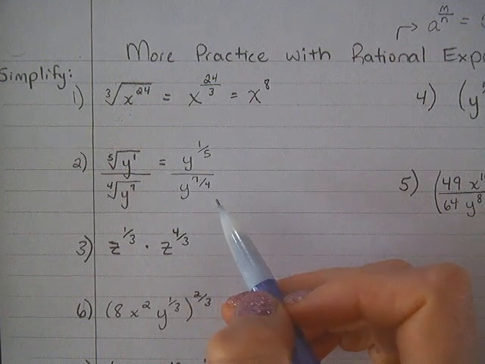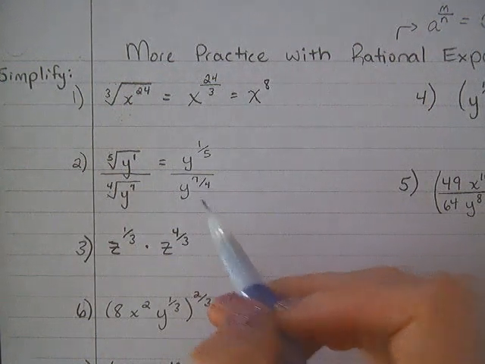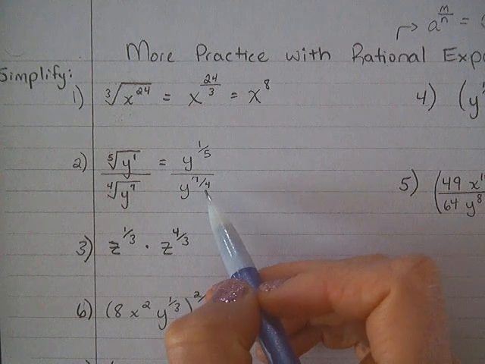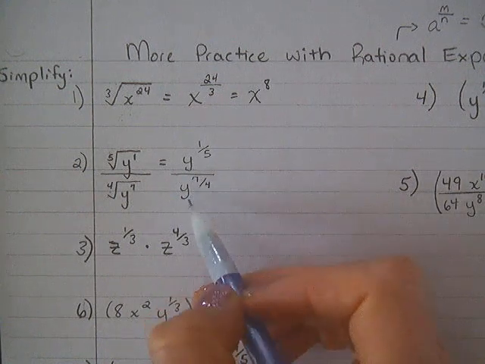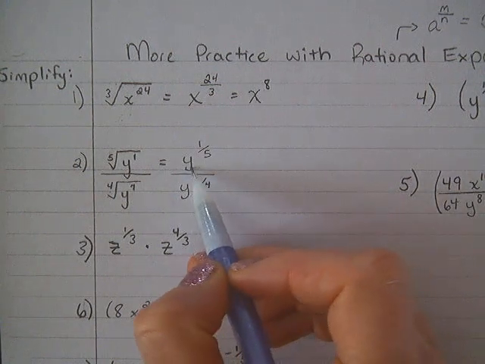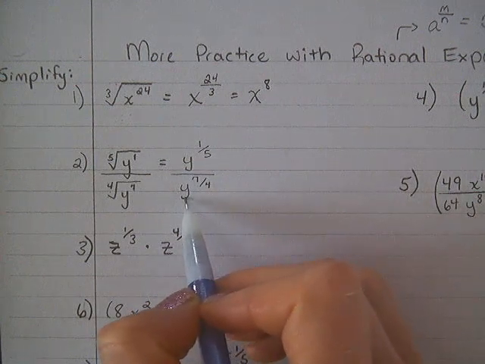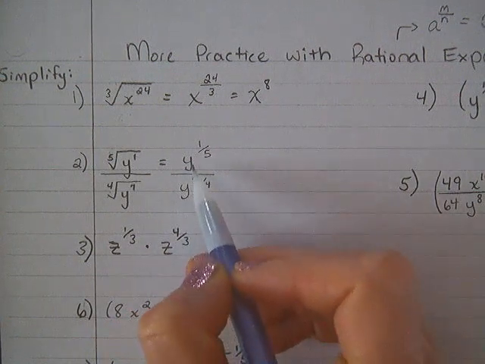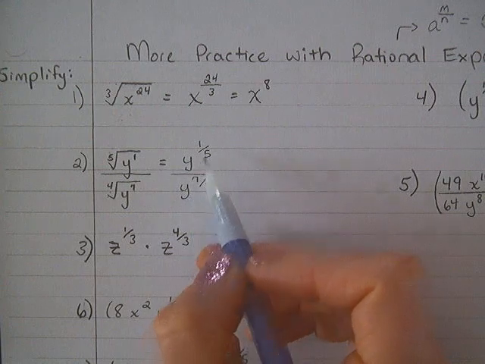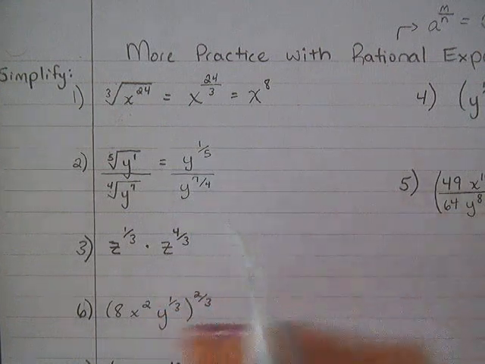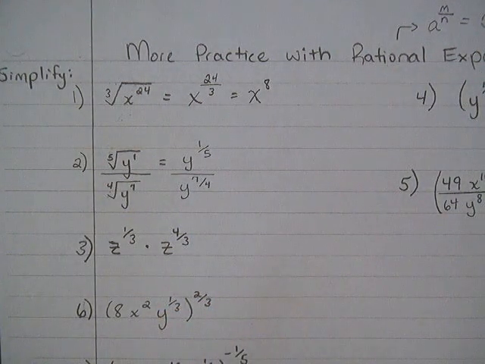If you think back when we talked about exponent rules, if you have like bases, which notice the base of this one is y, and that one's also got a base of y, and you're dividing like bases, you actually have to subtract their exponents. And so I know how we all love fractions.